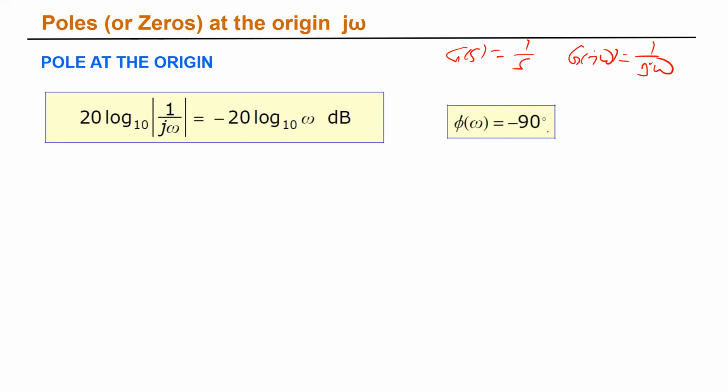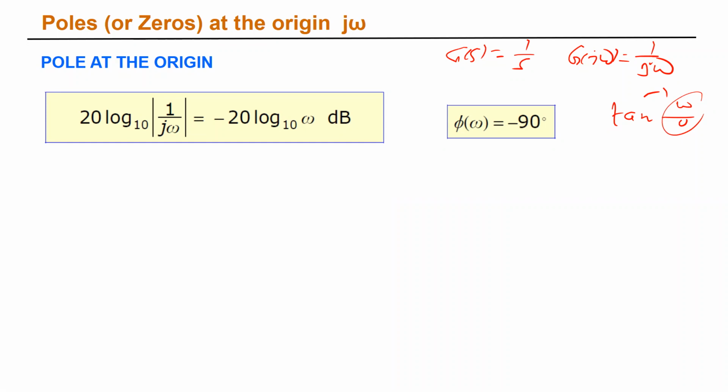And the angle is going to be minus 90. Do you agree? Tangent of omega over 0: if it is 0, this is infinity, which means tan inverse of infinity, which is 90. Since it is in the denominator, it is going to be minus 90.